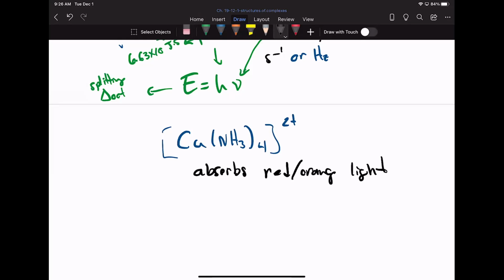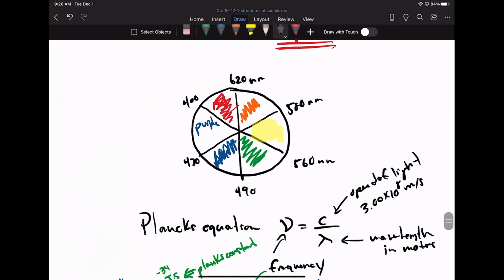It absorbs red, orange light. So let's determine from this color wheel here, red, orange light is, I think, right there. It's about 620 nanometers. So we've already figured out our wavelength, and we can put that into Planck's equation.